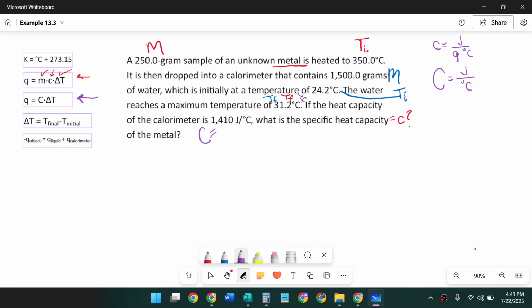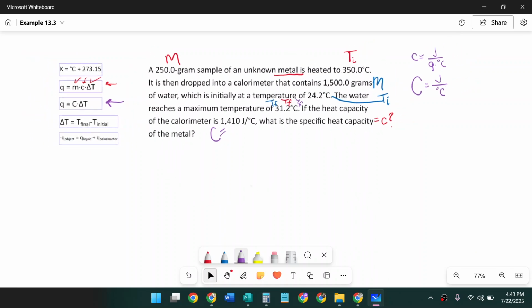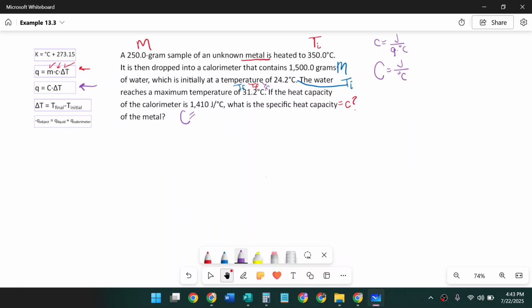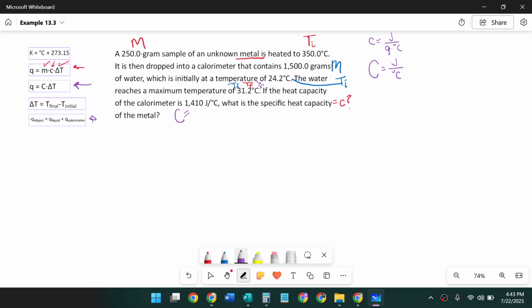So let's get started on the water and the calorimeter, find their Qs, and then we can use this bottom equation right here to find the Q of the actual object, and that will allow us to have the last thing we need for the second equation over there that we're going to use to find the specific heat capacity of the metal. So that's our plan.